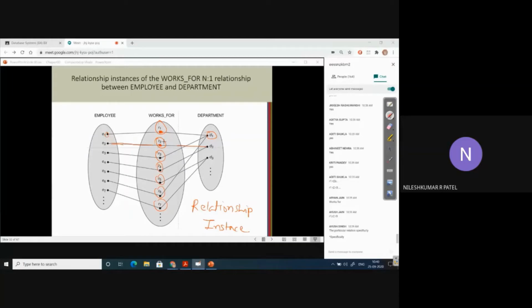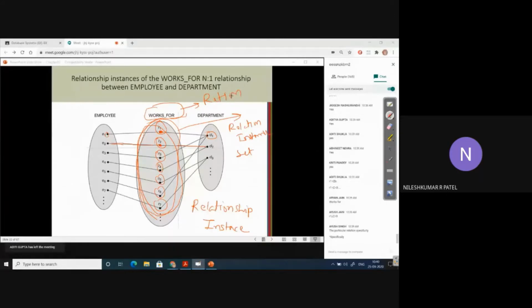And if we keep these instances in a single set, we call this a relationship instance set, right? So this is a relationship instance set, and this is the relationship type. Works for is nothing but a relationship type.